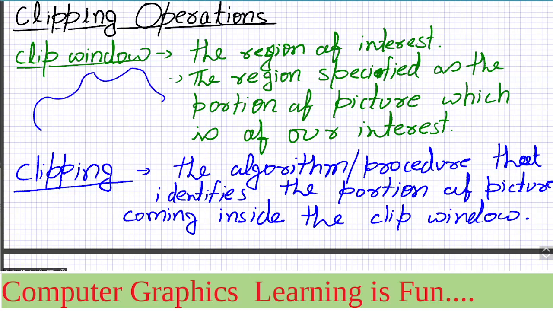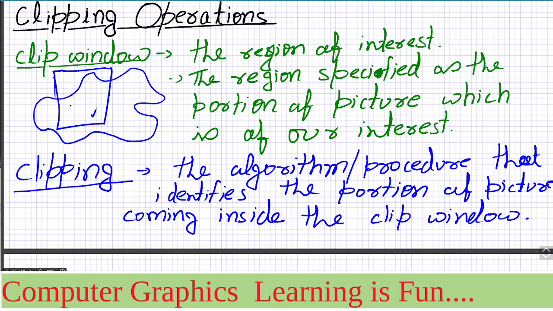Suppose this was your whole scene, and this can be your window. So it is a portion of the whole scene. It specifies that this is the portion to be used. Maybe in a viewing operation, this is the portion which will be transformed to the viewport.